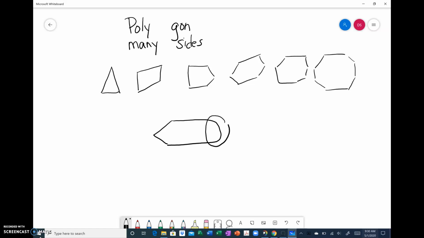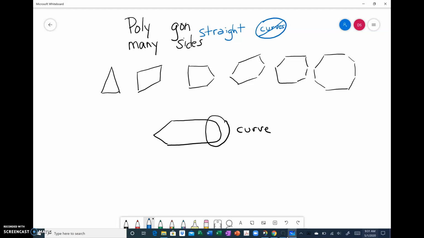This is not a line segment, it's a curve. So keep that in mind. You might have the little hint that it's many straight sides. You cannot have curves in polygons. No curves. And the other thing that you need to know is it has to be closed, but we must have covered that before because I don't see it in this lesson. So there you have it.